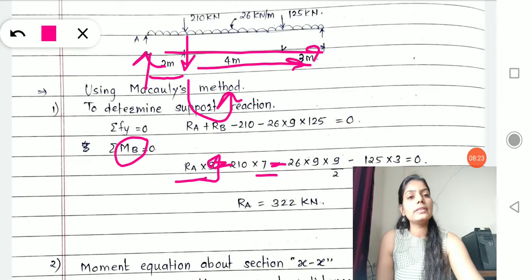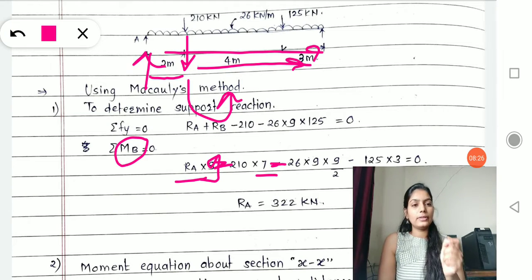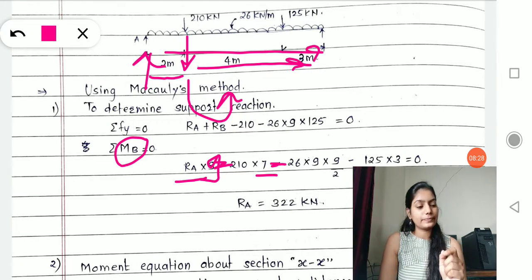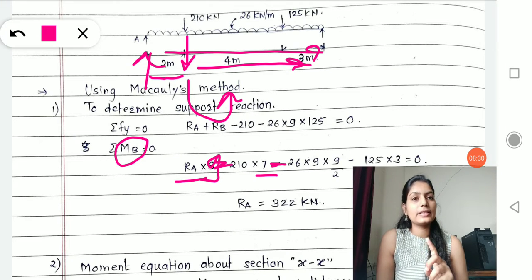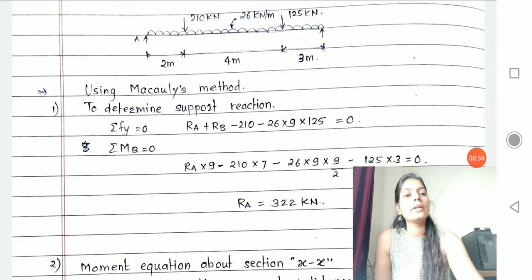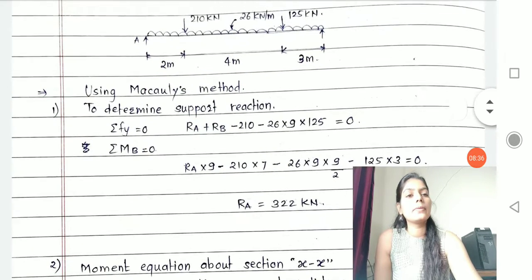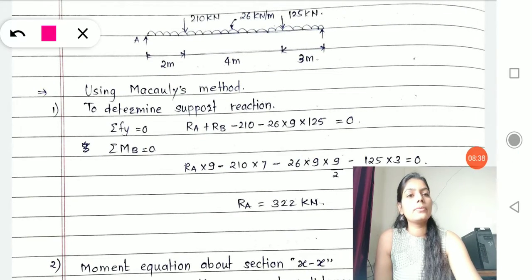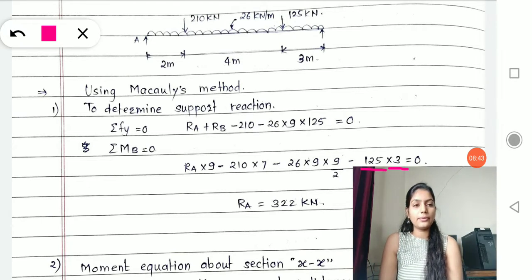Next is minus 26 into 9 into 9 by 2. Next is 125 into 3, equals 0.